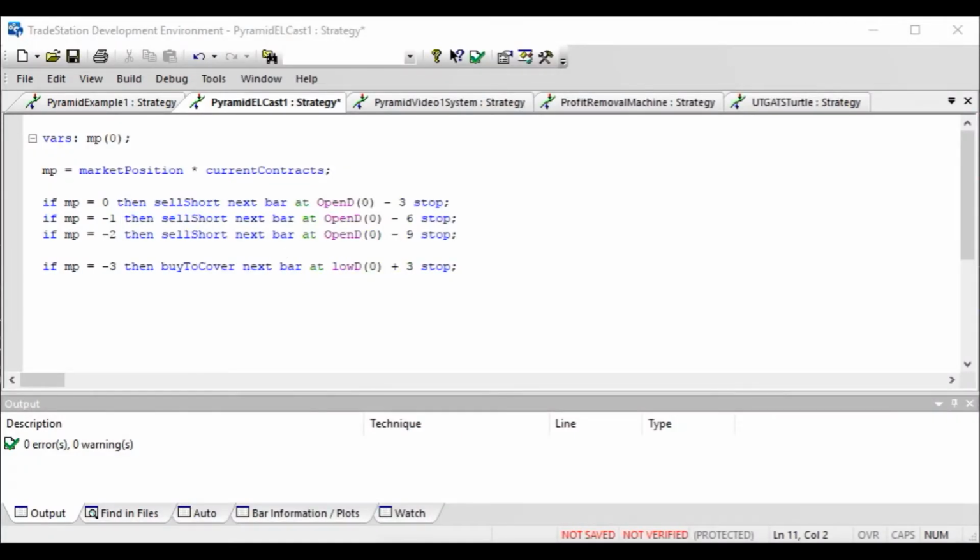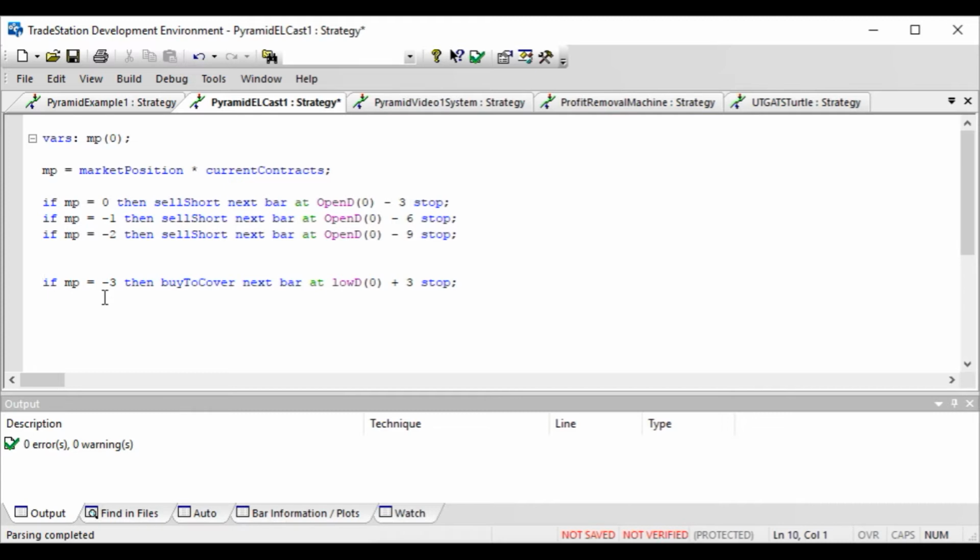You know what? I just realized I jumped the gun. I programmed the trailing stop mechanism before I did the protective stop. So let's go back and review the protective stop, what we want to do and how we can program that. We want to risk 3 handles on the last position that was put on. So if we put only one position on, we're going to risk 3 handles from the entry of the first position. That would be $150 in the E-minis.